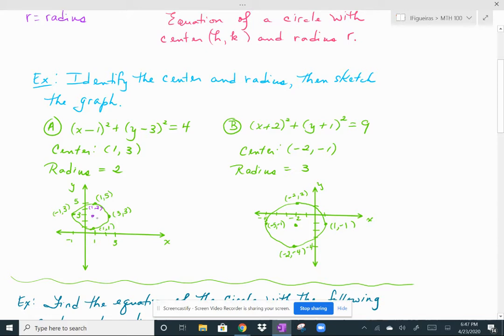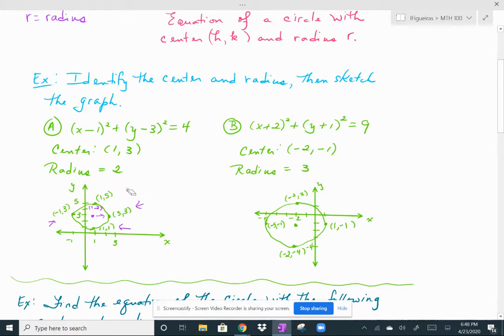All right, so if you go 2 units to the right, you're here at (3, 3). And if you go 2 units to the left, well, you're here at (negative 1, 3). Then you want to go 2 units up. So if you go 2 units up from the center, you end up here at (1, 5). And if you go 2 units down from the center, you are right here at (1, 1).